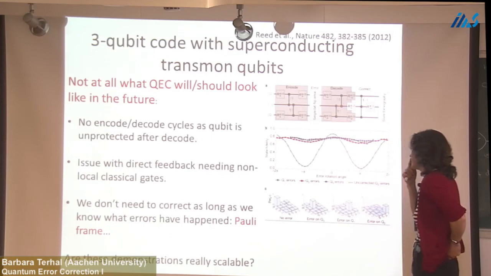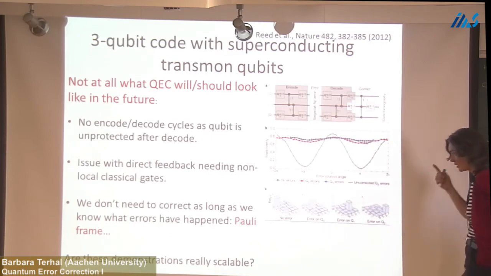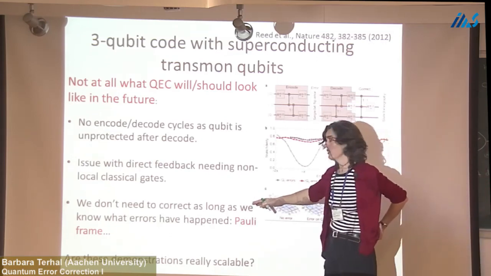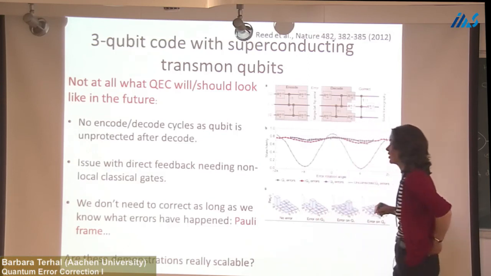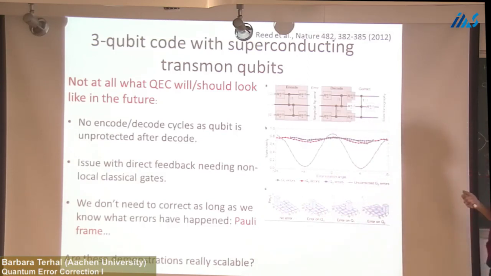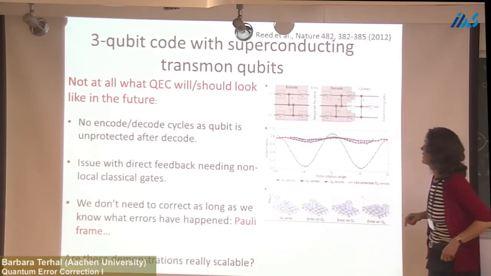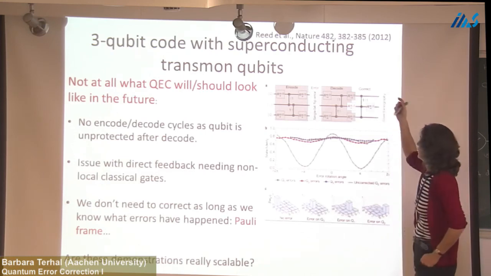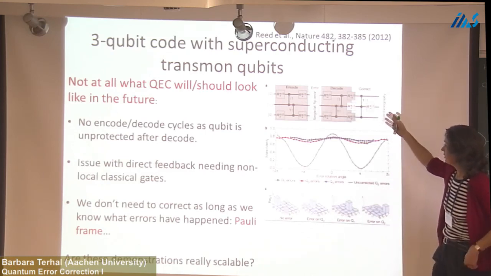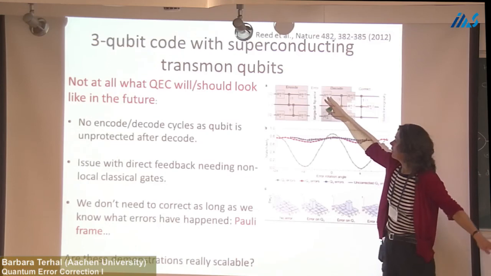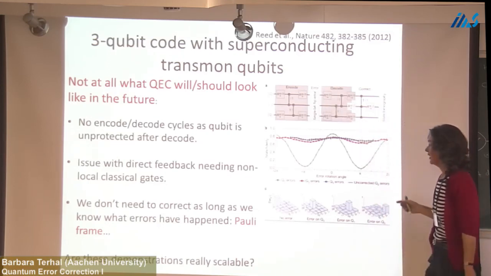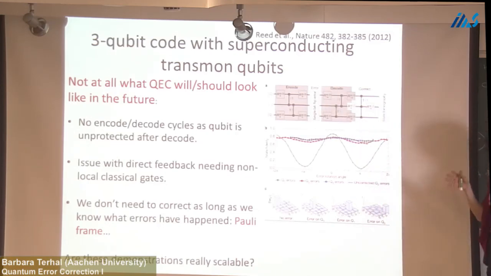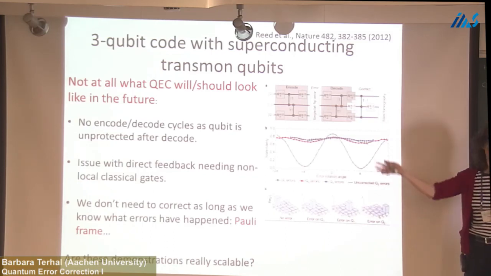Another comment you can make is that there is a concept which we call the Pauli frame. It's not completely true, but often we don't actually need to correct the error as long as we know what error happened. Let's imagine I know that some Pauli X error happened. Now I don't decode, but what I have is the code words with that X on it. That's another code space.